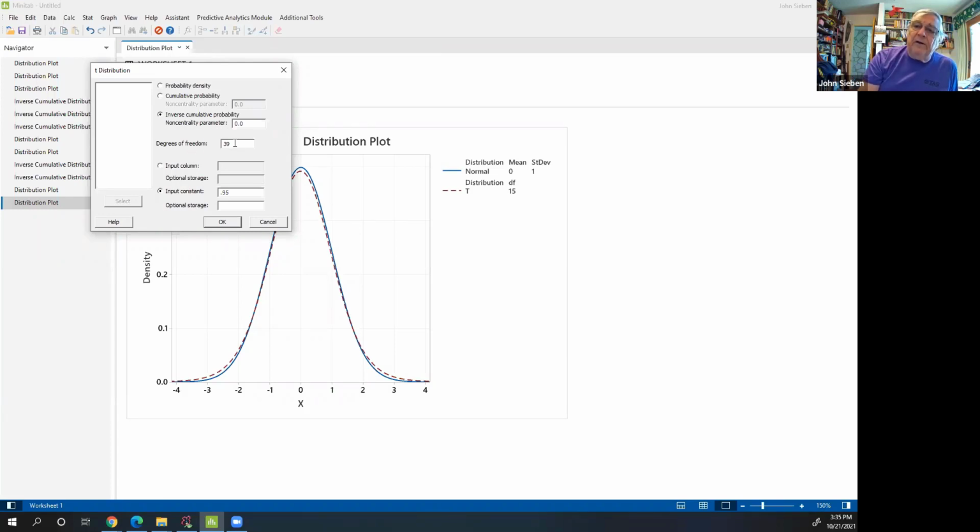Good. The degrees of freedom, that identifies a particular T, that's 39 degrees of freedom. It's an inverse, and so our input constant is going to be the area to the left. And that area to the left was, in this problem, I think we said a 90% confidence.